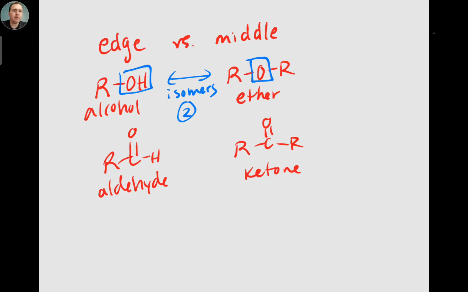So notice what we have here is isomers. And again, for the purposes of the homework, the answer is always going to be 2, because what we're seeing is put the carbonyl on the edge or put the carbonyl in the middle.